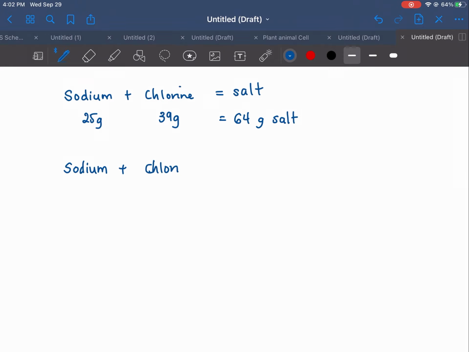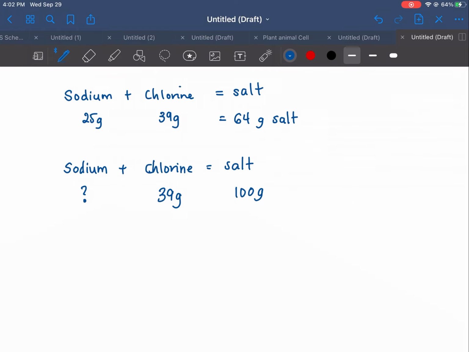Now let's change this a little bit. Same reaction. Let's say I have 39 grams of chlorine, and at the end I produce 100 grams of salt. The question now is, how much sodium do I have?